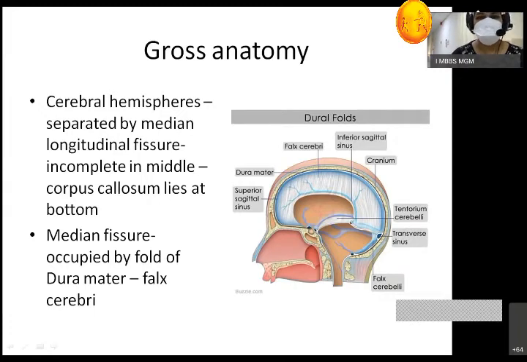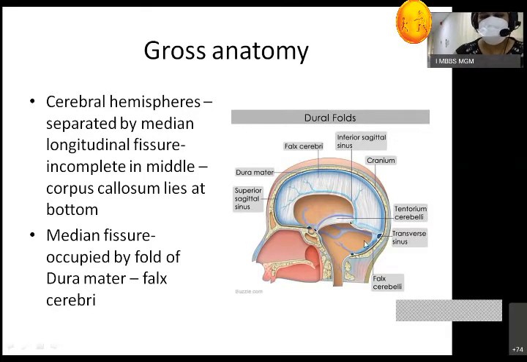This cranial cavity is divided into two parts because of a fold of dura mater. This fold of dura mater, which separates the cranial cavity into superior and inferior parts, is called the tentorium cerebelli. In the diagram, you are able to see the tentorium cerebelli. We have learned that it has two parts, one attached part and one free part.